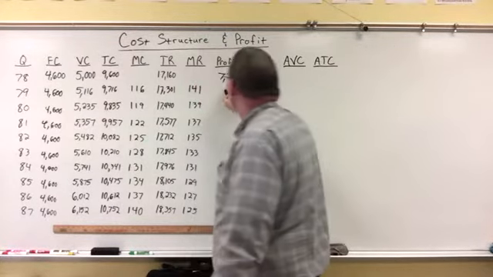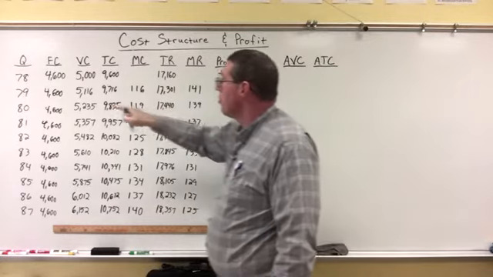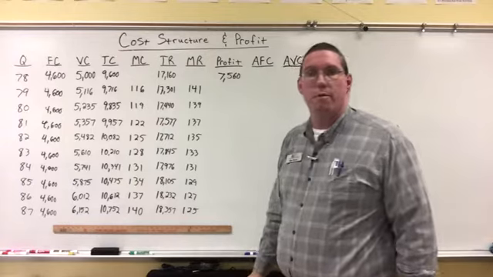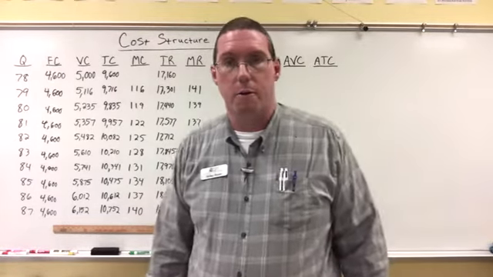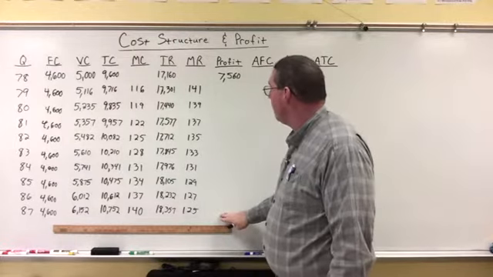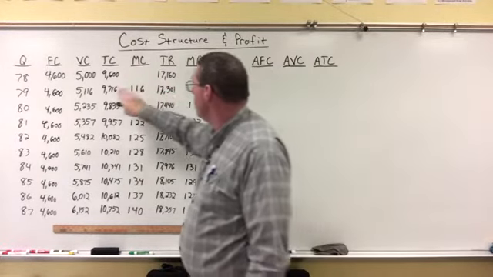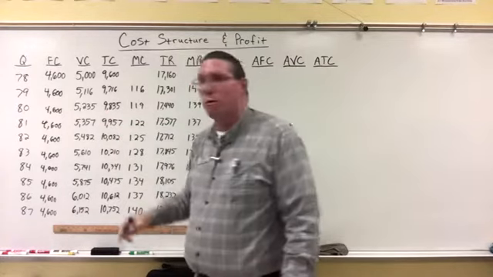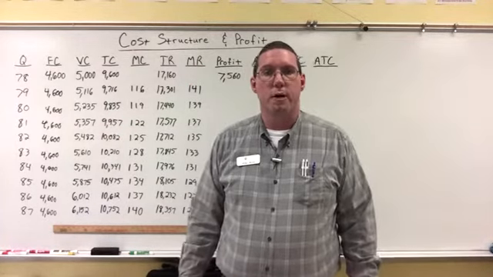So this business, if they produce 78 units, they will earn $7,560 in profit, okay? Can you go through the rest of the table and fill in the rest of the numbers? You're going to do total revenue minus total cost, total revenue minus total cost, just like the profit equation, okay?